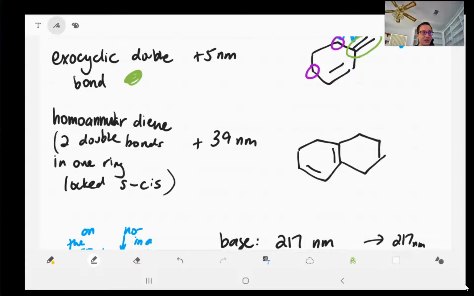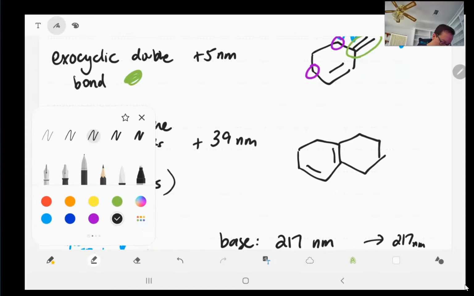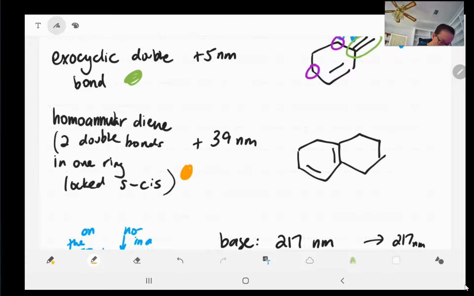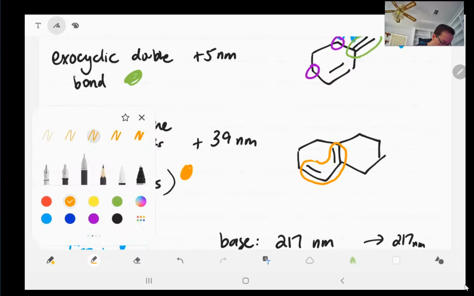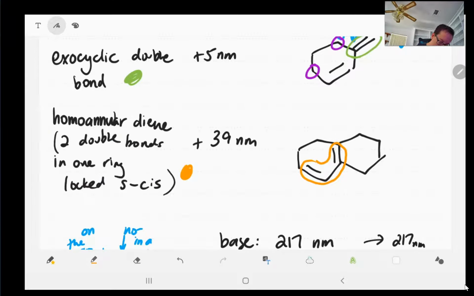That's going to give us an additional 39. And we'll do this one in orange, I guess. So we have now our orange diene. If we want to do the calculations for this, I'm going to move it down actually.